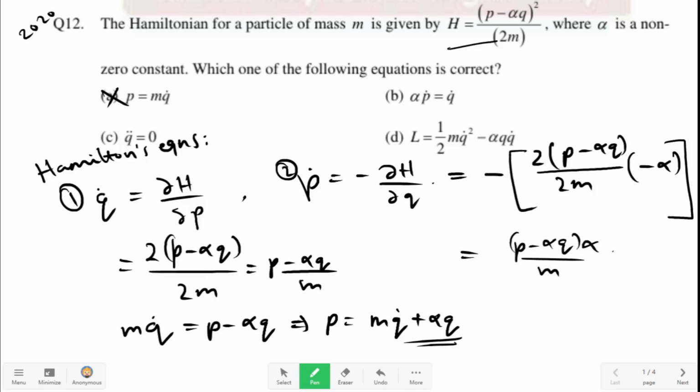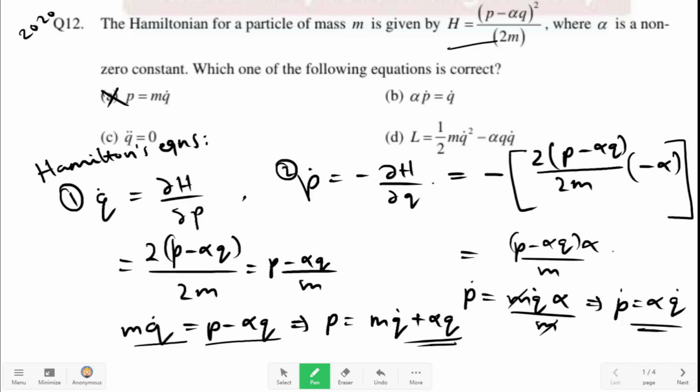Now p minus alpha q is equal to m q dot. Therefore if you substitute it here, we will get m q dot times alpha divided by m. This is p dot. This implies p dot is equal to alpha q dot.